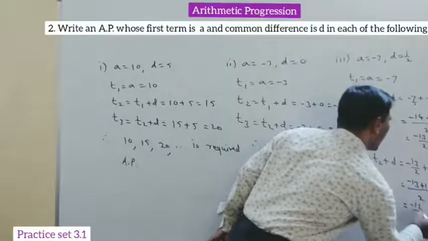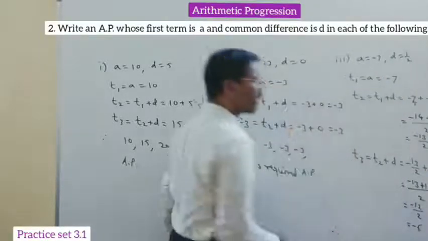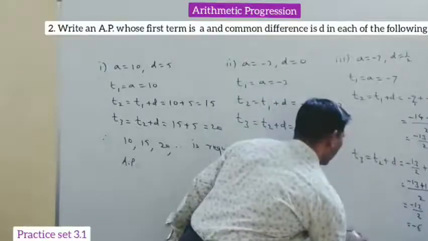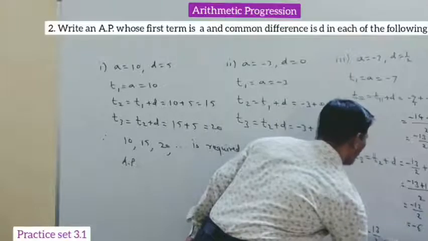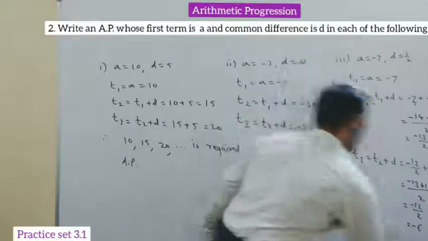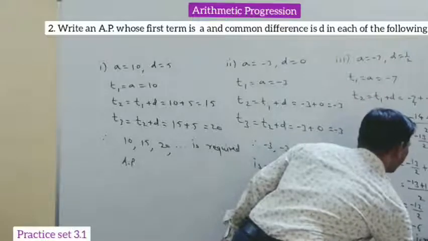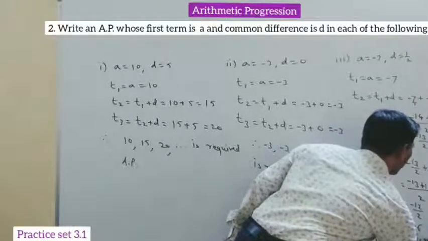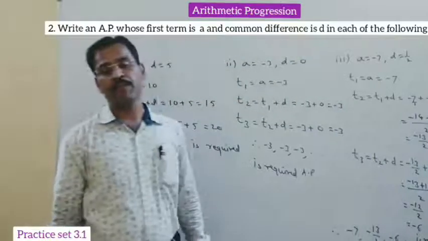Minus 12 upon 2, which is minus 6. Therefore, what is our AP? Minus 7, minus 13 by 2, minus 6, dot dot dot is the required AP. Is it correct? Like this we can solve.